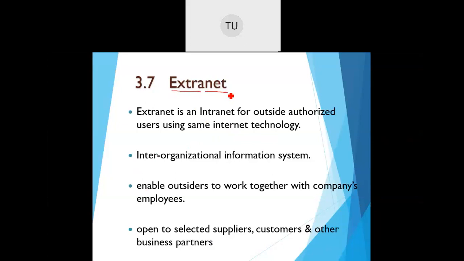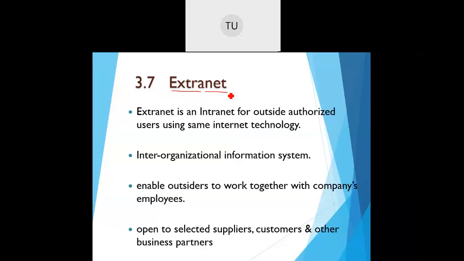Extranet, on the other hand. Normally intranet allows access only to people within the organization. But UTEM still needs to collaborate or communicate with their vendors, vendors that want to sell PCs, vehicles, and so on.